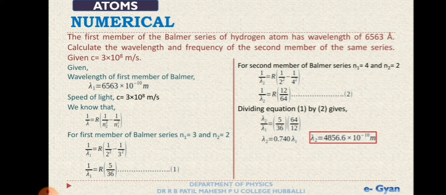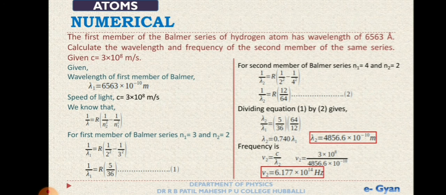We have also been asked to find out the frequency. Now frequency nu 2 is equal to c by lambda 2. C is given as 3 into 10 to the power of 8 and lambda 2 is calculated. So therefore, frequency of the second member of Bohr's can be given as 6.177 into 10 to the power of 14 Hertz.